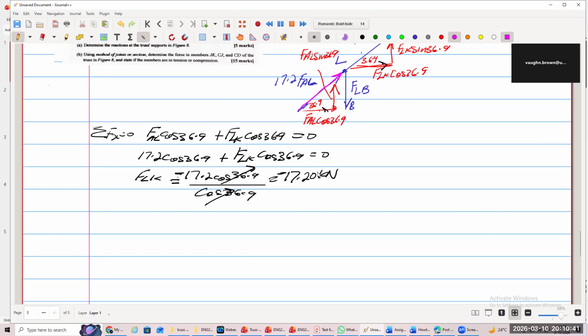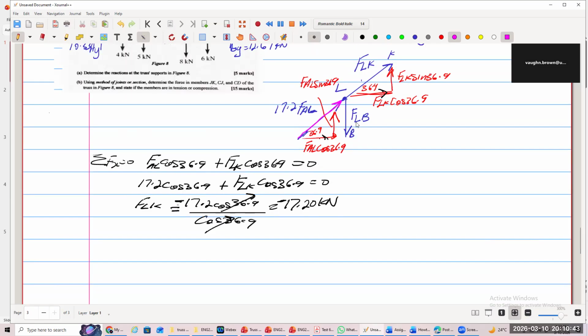All right. So now I finished that. I am going to do FLB because I didn't find that one. So FLB, sum all the forces in the Y. Now, all of the vertical forces equal 0. So what is this going to give me now, guys? How many of them do we have? We have one coming down, FLB, it alone coming down. Everything going up is plus. So that one is minus, coming down.